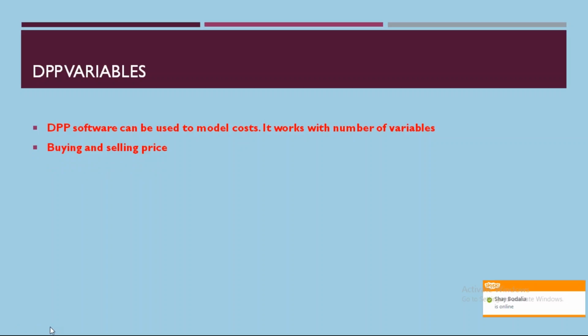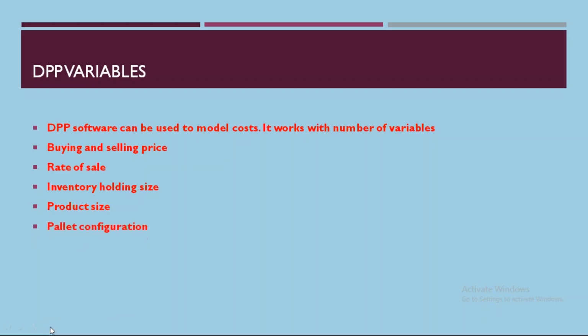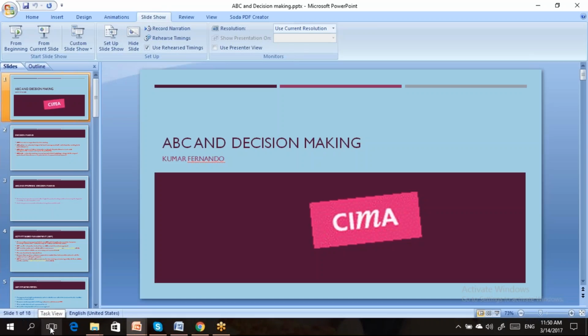So you can decide on buying, selling price, etc. The rate of sale, what is the inventory that you must hold, what's the product size, how much it is going to cost me to order. All that information will come up, and that way you will have a very, very good idea.